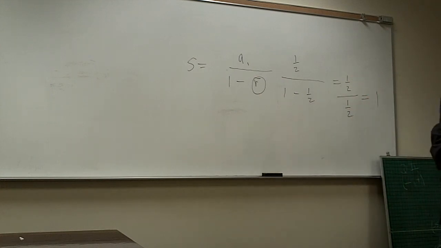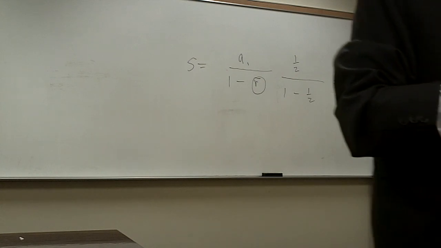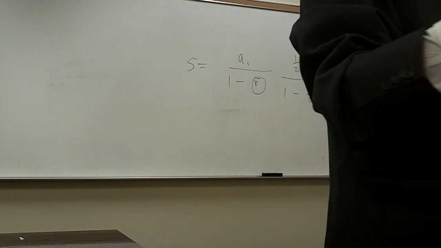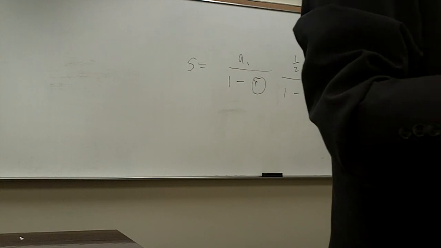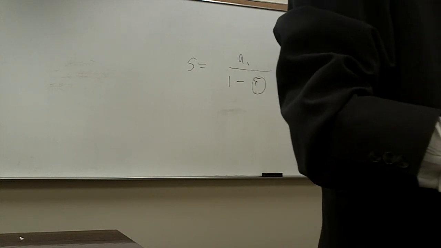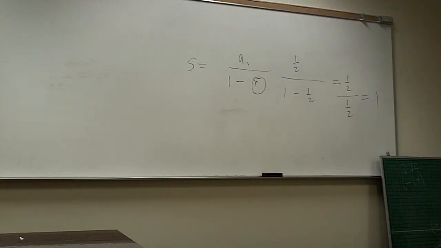You see that? Does that make sense? Yes, that's a geometric series. It sums any geometric series provided you know the starting number and provided you know the ratio between any two of the values.